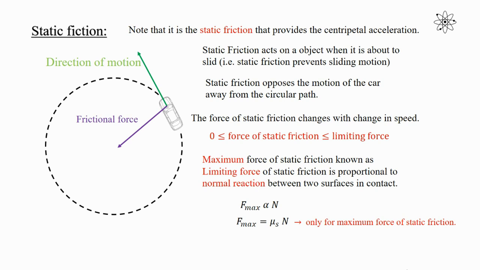If the value of the force of static friction is less than the limiting force, then this formula is not useful. Mu s is the proportionality constant known as the coefficient of static friction.